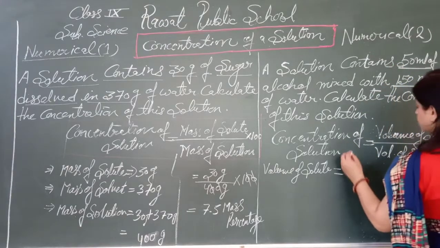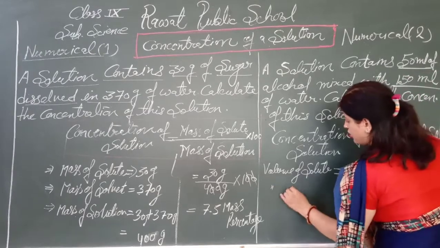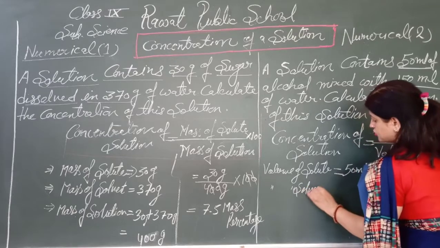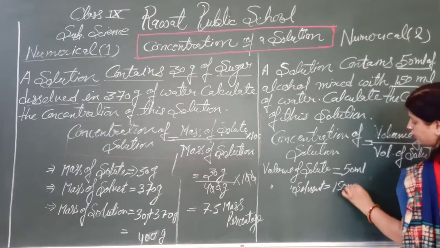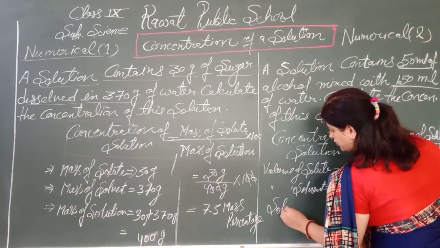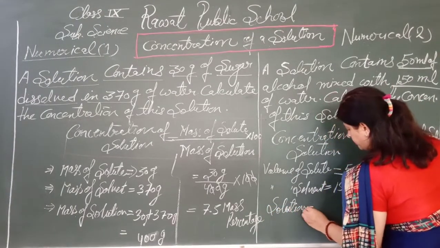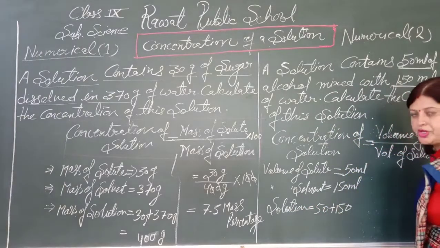So the volume of solute is 50 ml. Volume of solvent is 150 ml. So total solution is 50 plus 150.